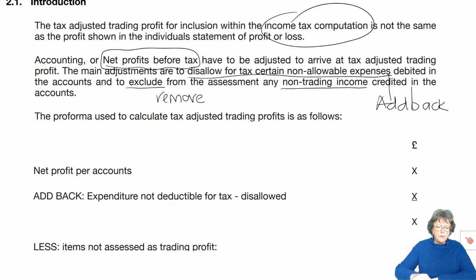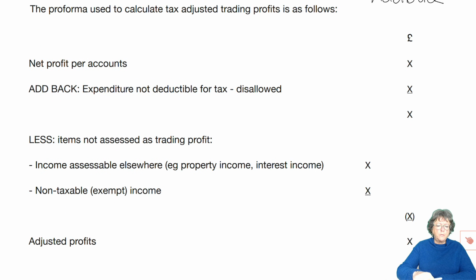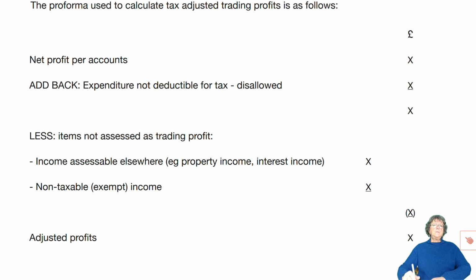So this pro forma that we're going to look at, you need another pro forma. This is the same pro forma for individuals, for partnerships, and for limited companies, with just a few tweaks.